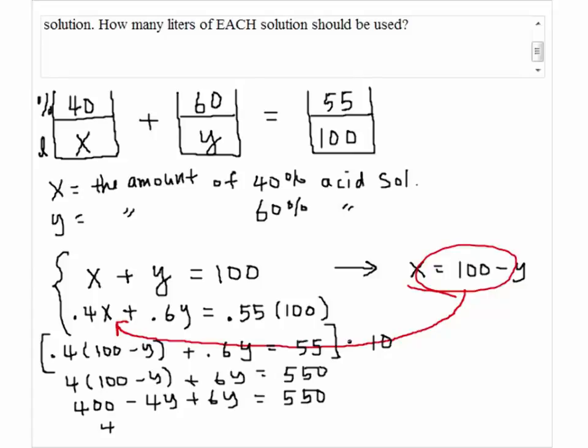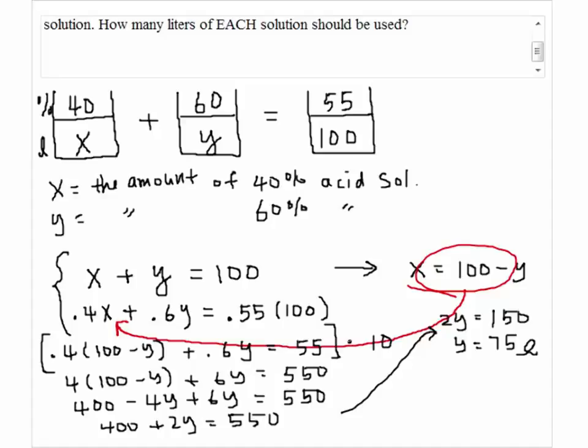By combining like terms, we have 400 plus 2y equals 550. So we have 2y equals 550 minus 400, which is 150. y equals 150 divided by 2, which is 75 liters.